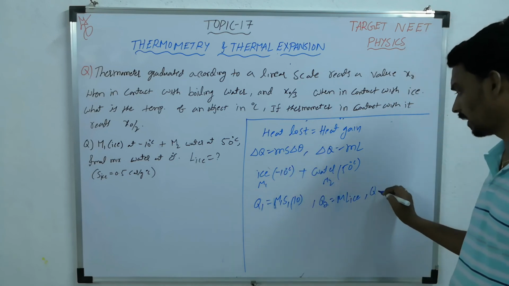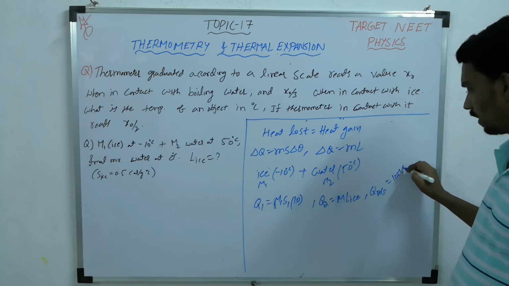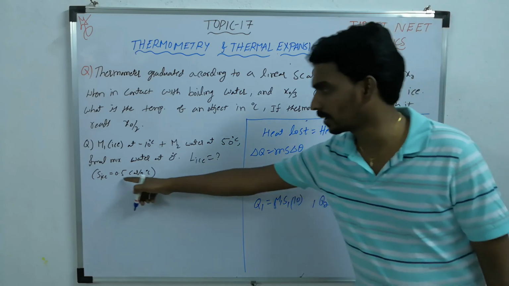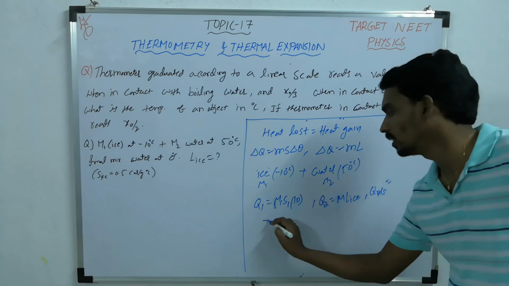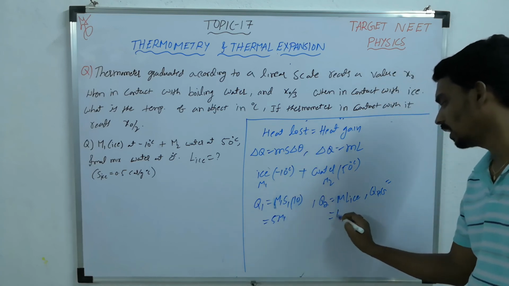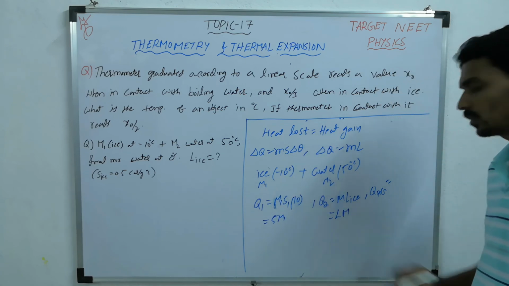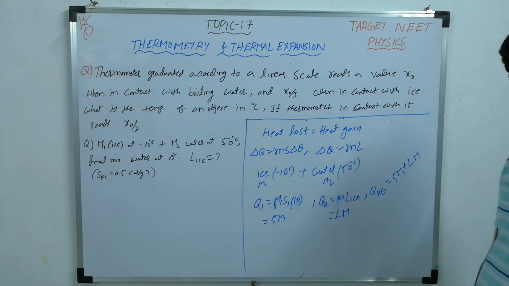So how much total heat gain? 10 m1 s1. Of course, the s1 value they have given is 1 by 2. Substituting, it becomes 5 m1, plus L ice times m, so 5 m1 plus m1 L.